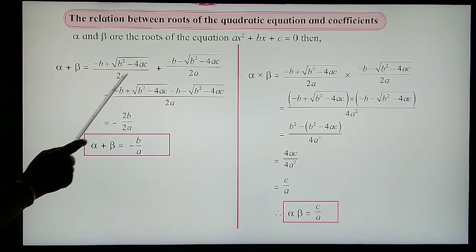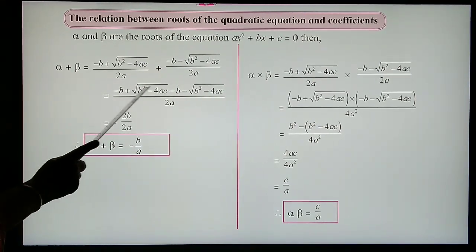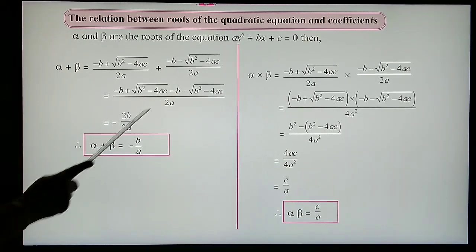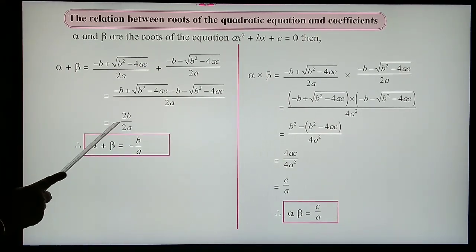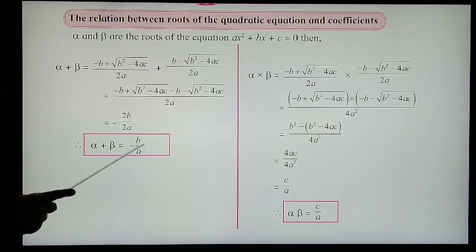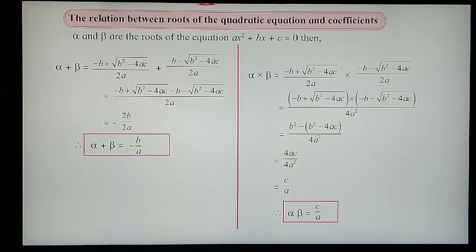The denominator is the same, so we add. The plus under root and minus under root cancel. Minus b and minus b gives minus 2b, so 2b upon 2a, the 2 cancels. So the value of alpha plus beta is equal to minus b upon a.